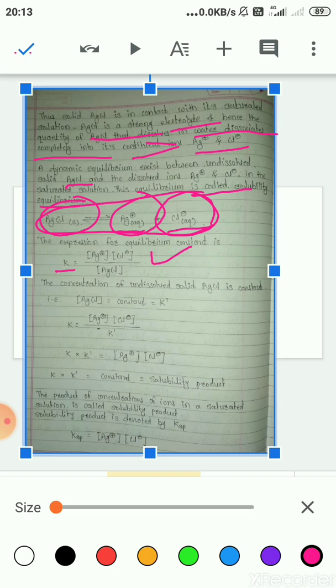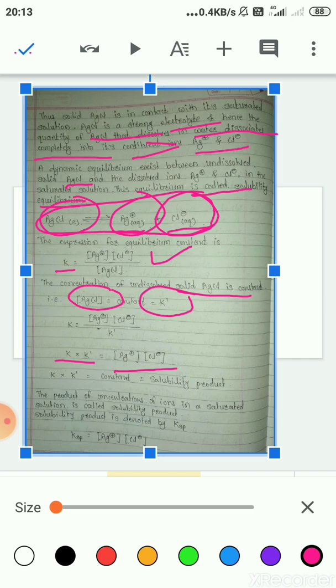Now the concentration of undissolved solid is constant, that is, the concentration of AgCl is constant, which is denoted by K dash. So we can again write the equation K is equal to concentration of Ag+ into concentration of Cl- divided by K dash.